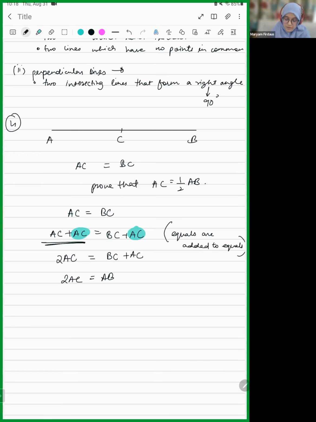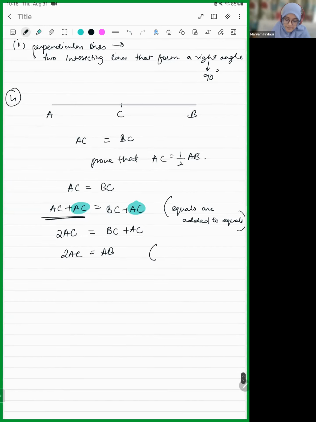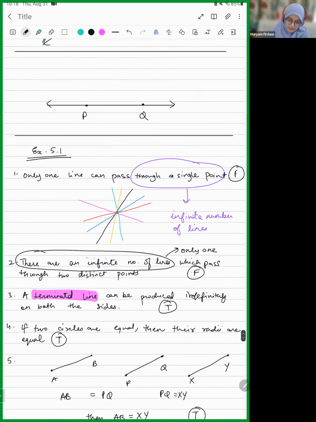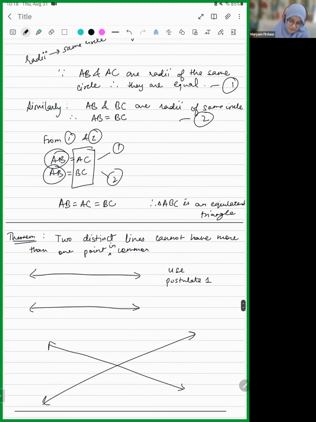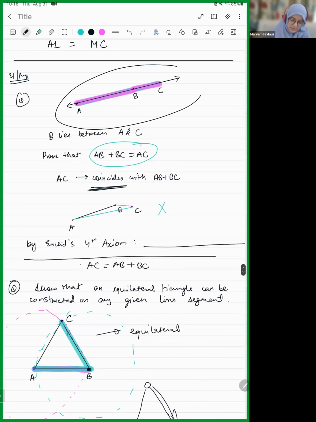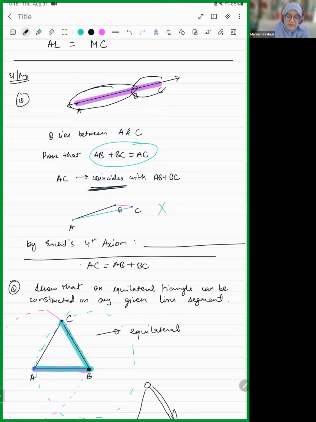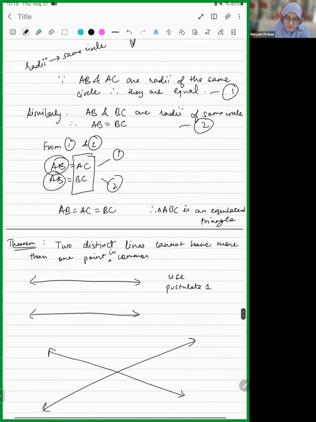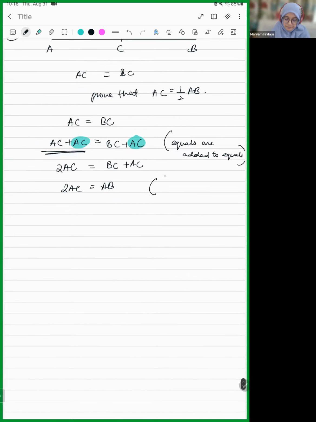And over here also you use the same reason which we used over here. If AB plus BC, you had to show it is equal to AC, the same thing we're going to do over here. The fifth axiom, I think, or the fourth one, that BC plus AC coincides with AB.